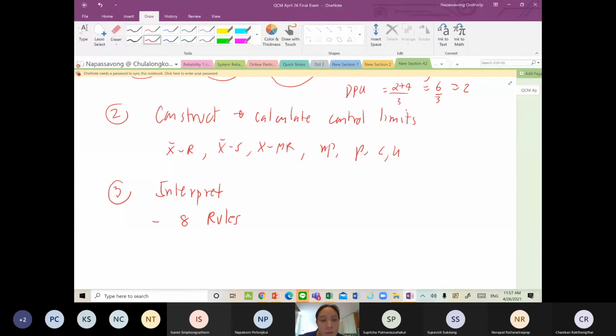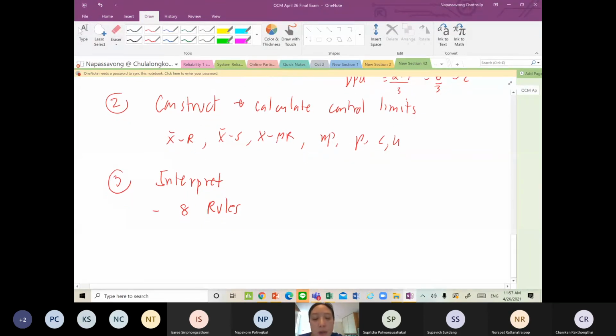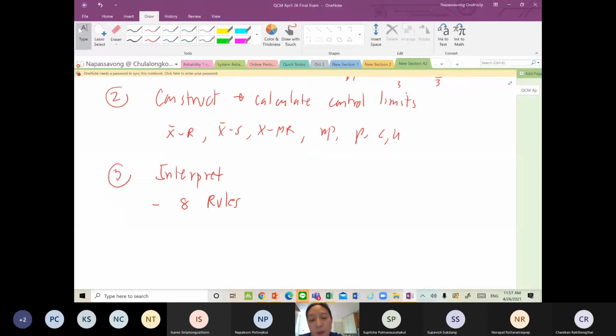For example, if you see a trend on the X bar chart, you should be able to say that the process mean is increasing. The keyword is the mean, because it's X bar.